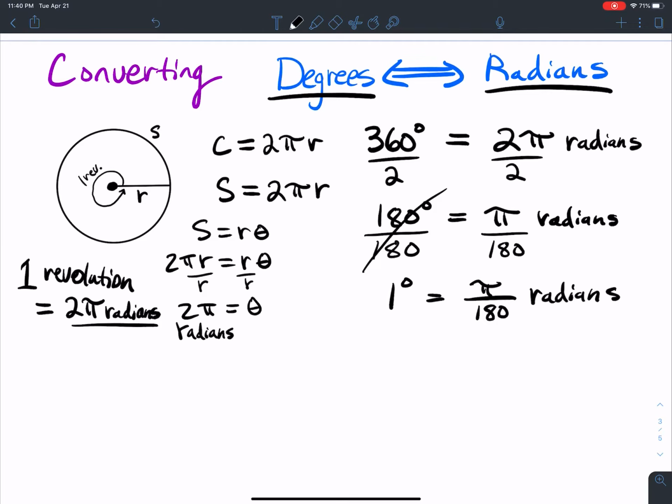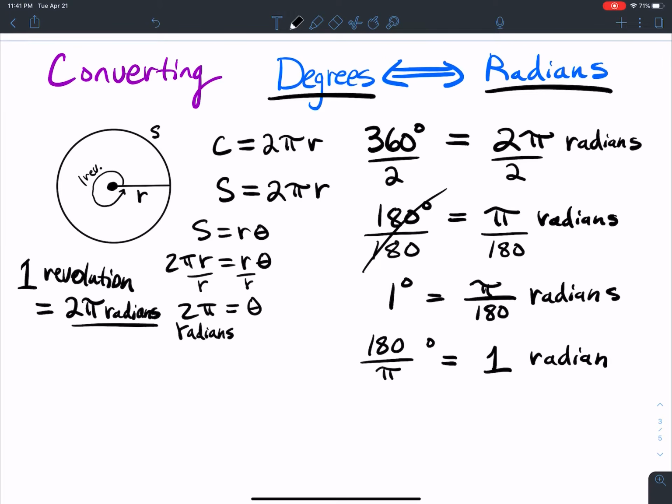Okay? If I divide both sides by pi, what's going to happen? If I do the reciprocal here and divide both sides by pi and multiply by 180, I'm going to get 180 over pi degrees equals 1 radian.